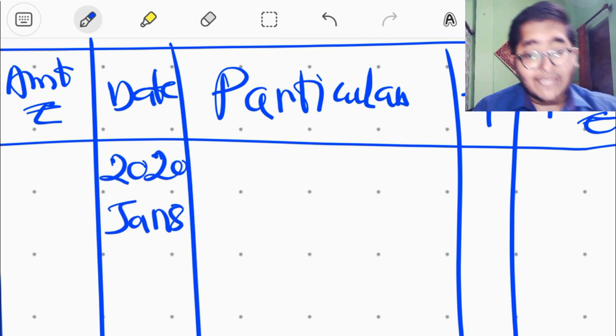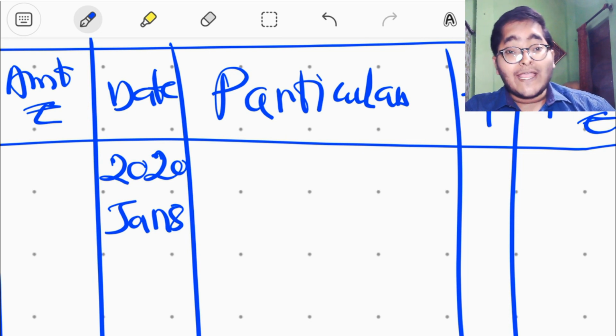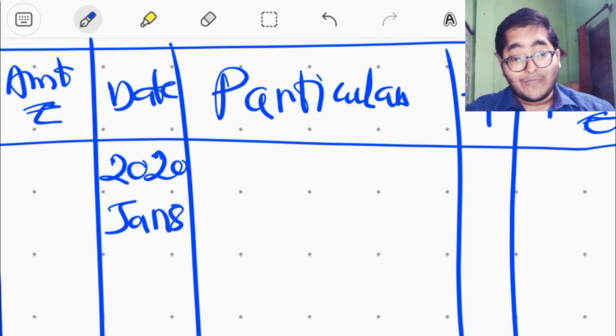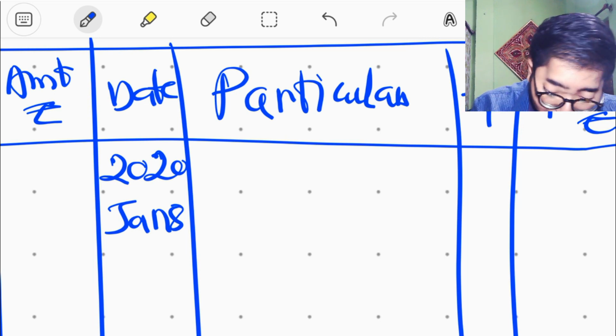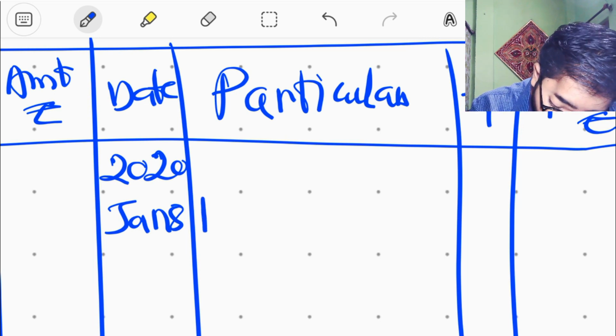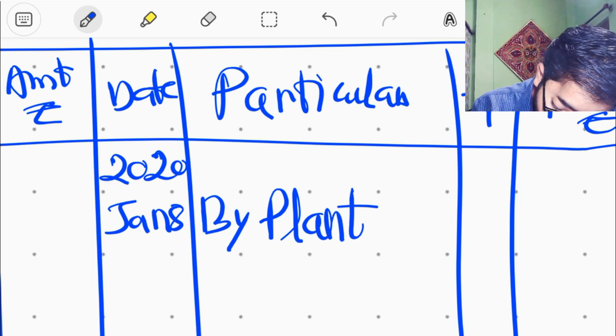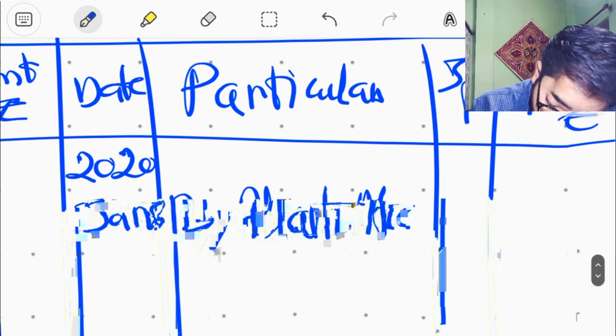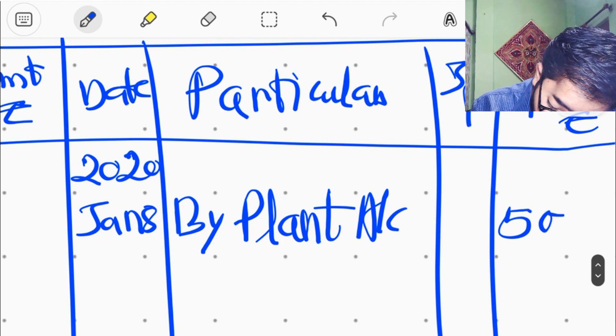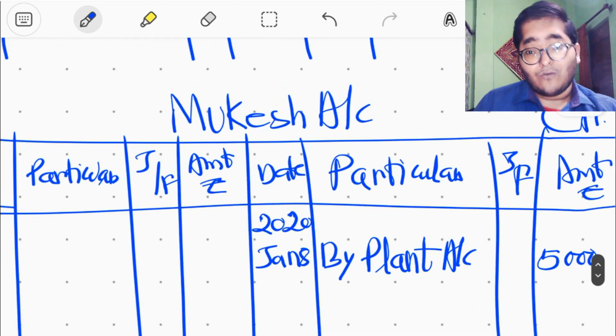Mukesh account is a liability. Mukesh is liable to be paid rupees 5,000 by the firm or by the trader. So by plant account, how much amount? 5,000. I hope this is clear.